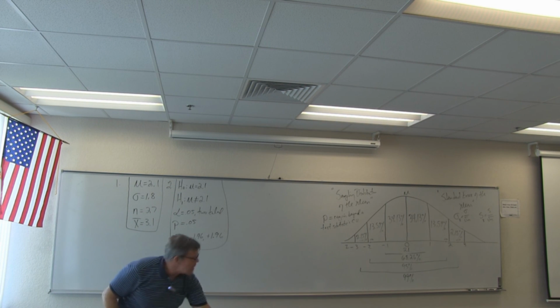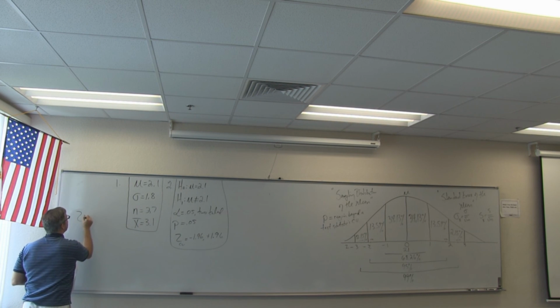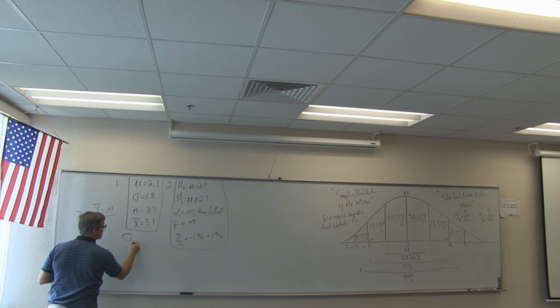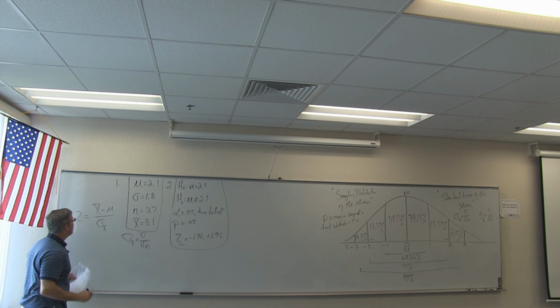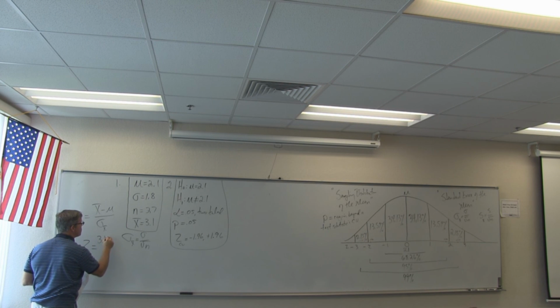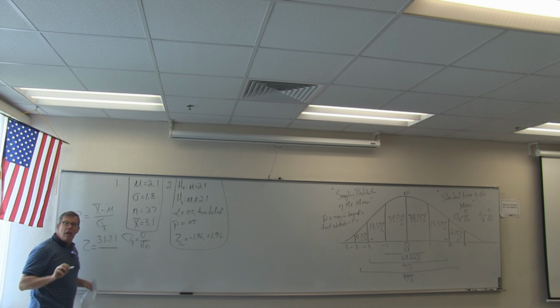Let's take a look at z and see what's going on. Sampling error, numerator, over standard error of the mean. Standard error of the mean, sigma over the square root of n. The z statistic: 3.1 minus 2.1 over the standard error of the mean.